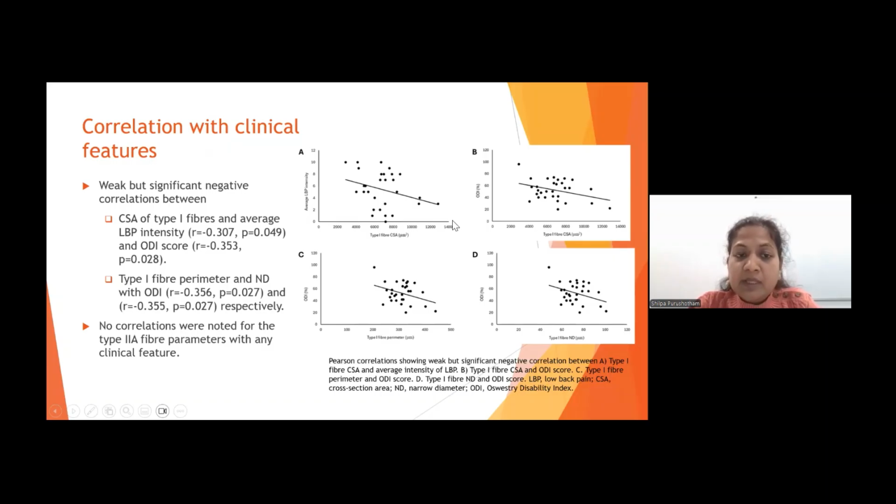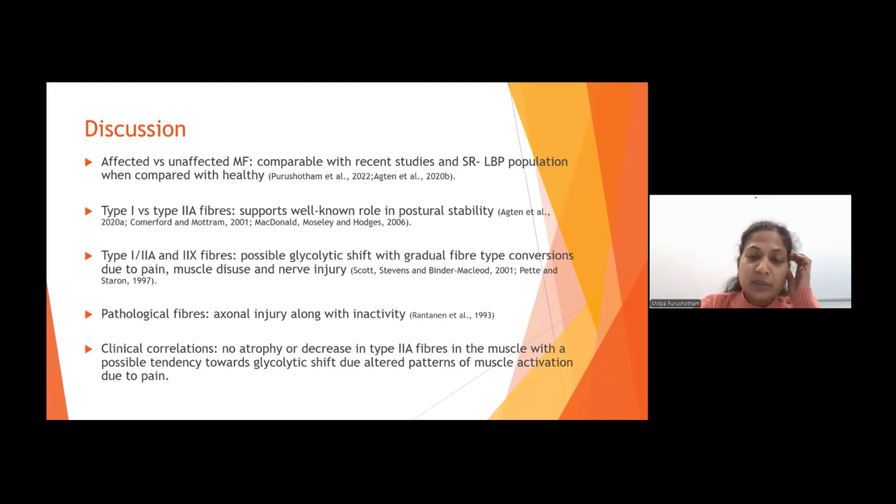Similarly, for type 1 fiber diameter and perimeter, we found negative correlations with the disability index. However, there were no correlations noted for type 2A fiber parameters with any of these features like pain intensity or disability.